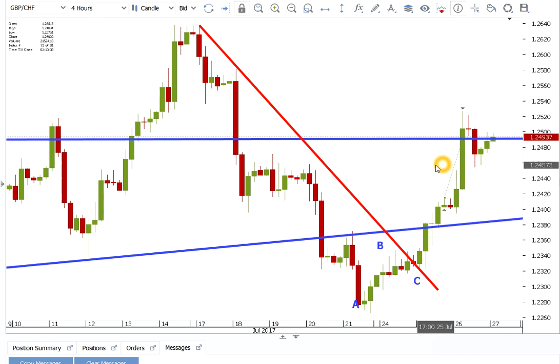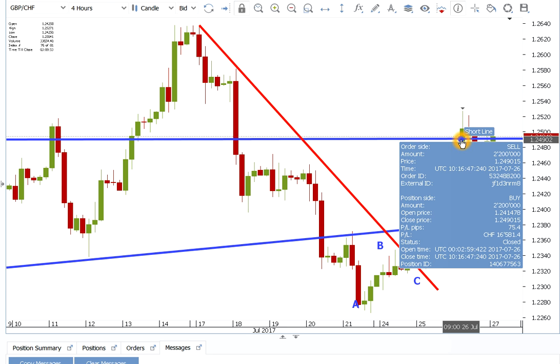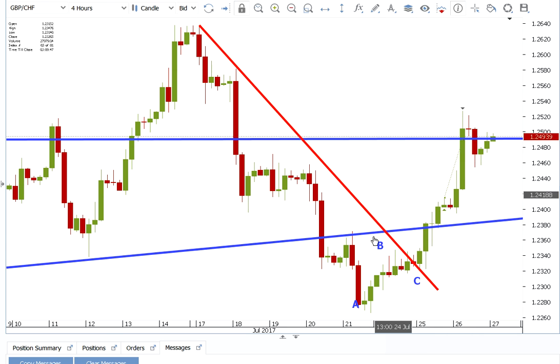And after just a few hours, 16 hours, four-hour candles, the market rallied sharply and hit the resistance boundary and provided me with this gain of 75 pips. So a short and aggressive trade that took advantage of this reversal as the market headed back inside of the consolidation.